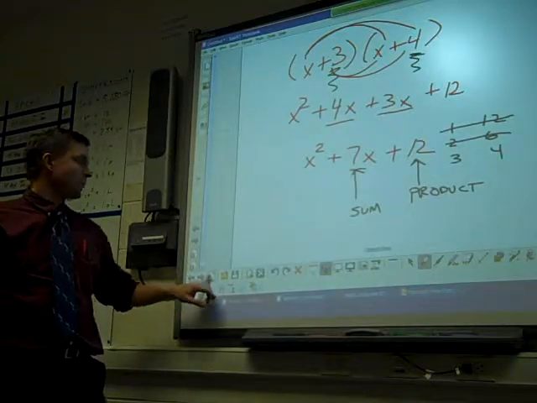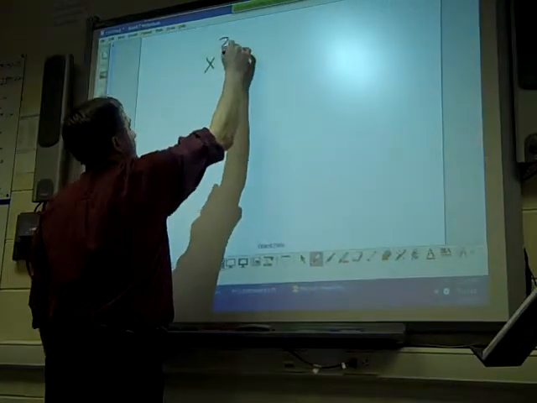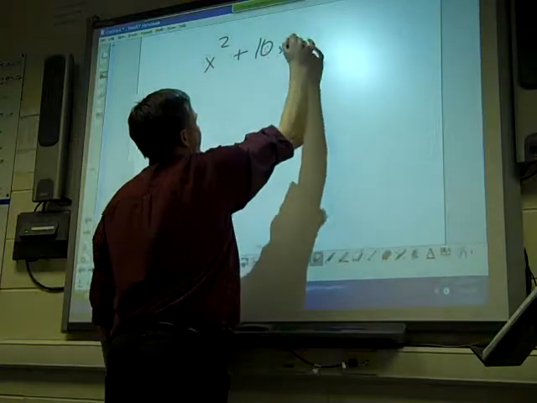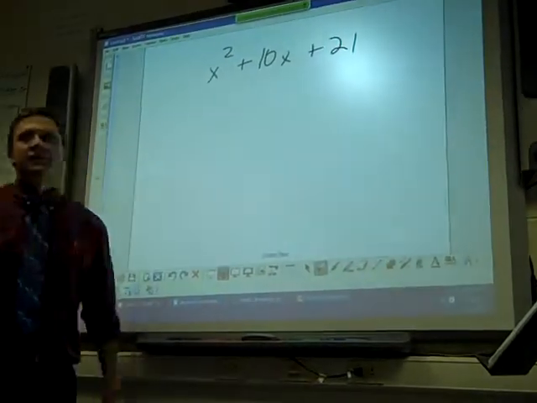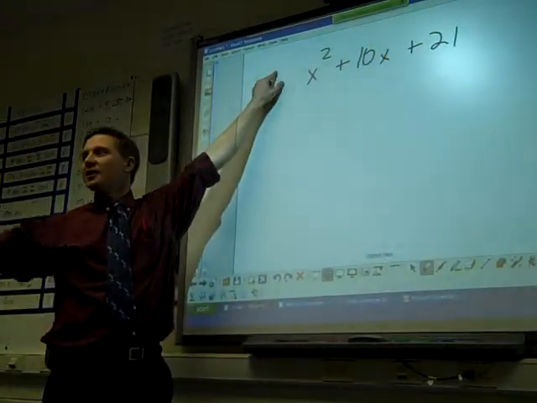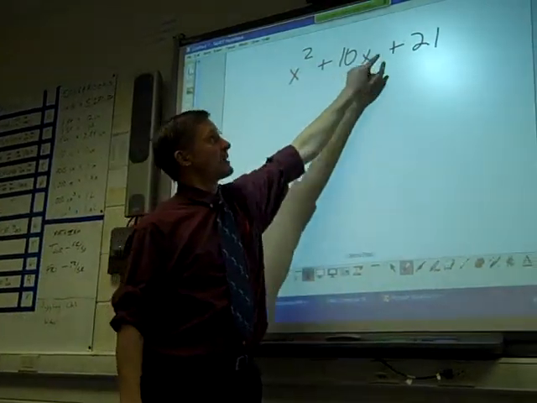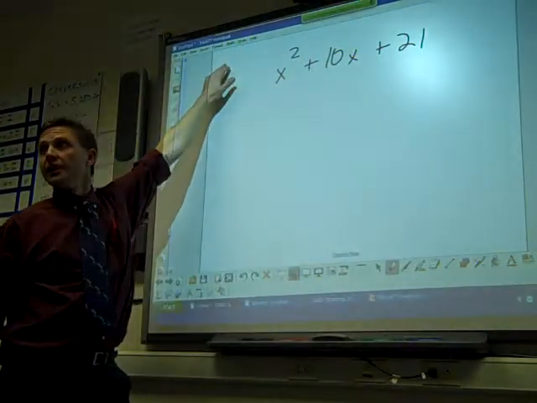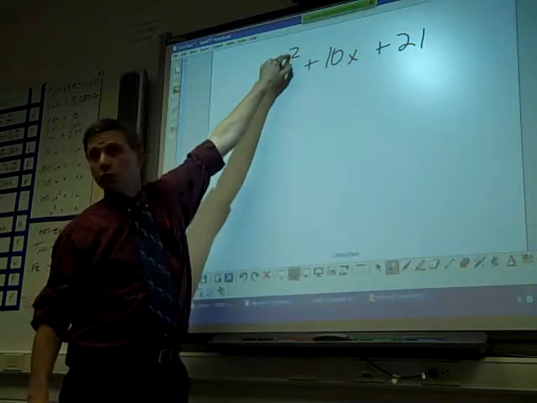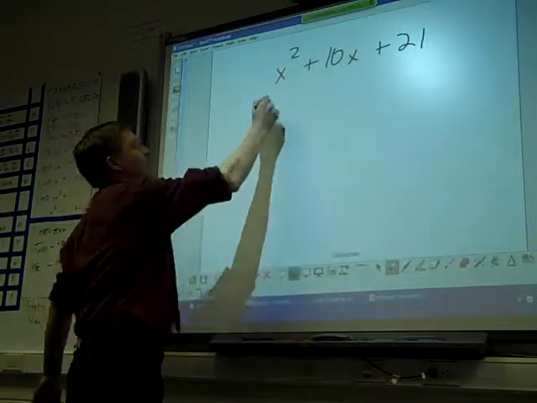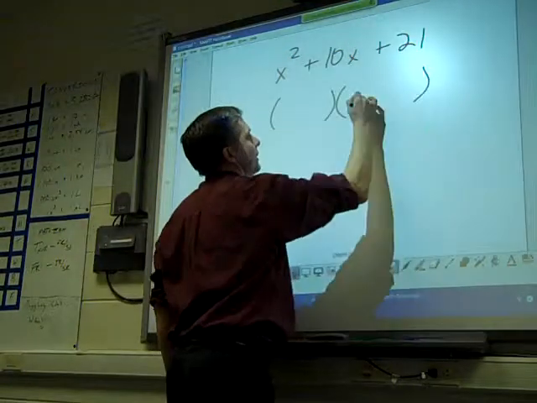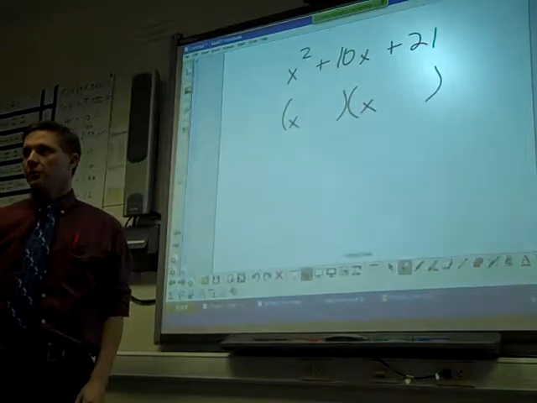All right? And a lot of times these are pretty easy. So you see this, you check it. There's nothing common. X squared, 10x, and 21. Nothing to pull out. It is a quadratic. It is order 2. It is a trinomial. So we check to see if it will factor.